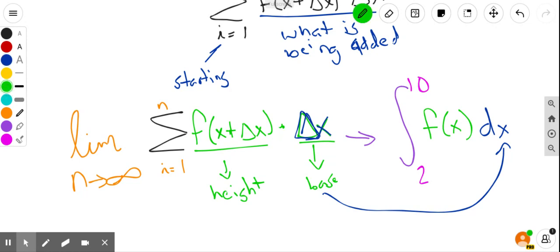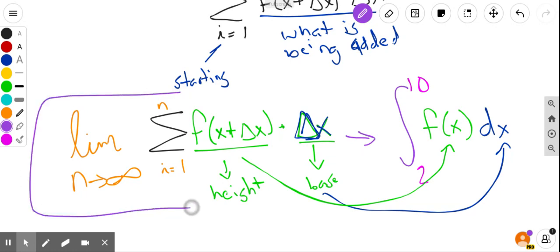This f of x, the height, shows up right here. And what this is doing is this integral is just talking about a sum. It's another way to represent the same idea. In fact, it's actually representing this part right here. The limit of a sum is that integral right here that I'm about to box in. That's how we can say the same thing in two different ways, right?